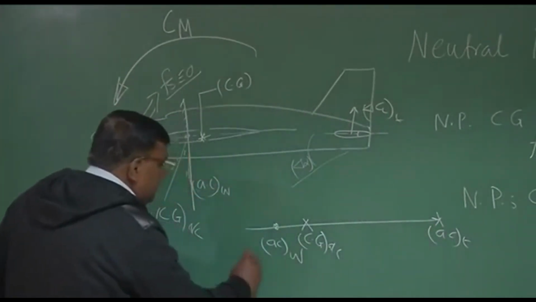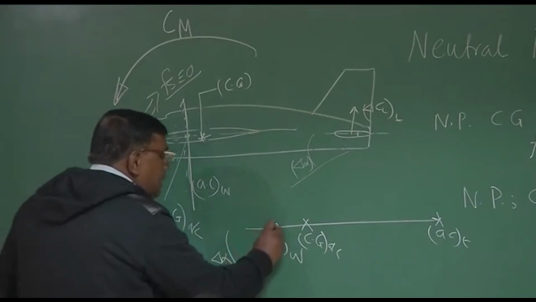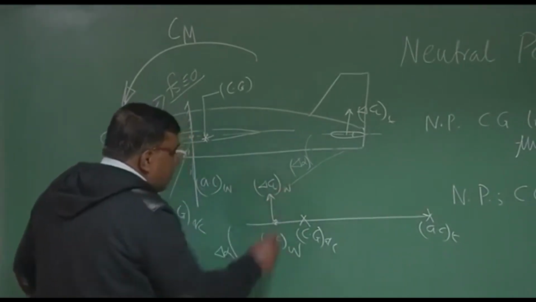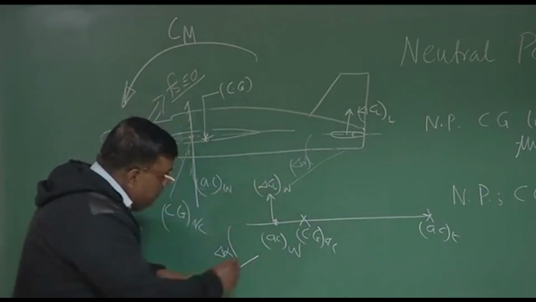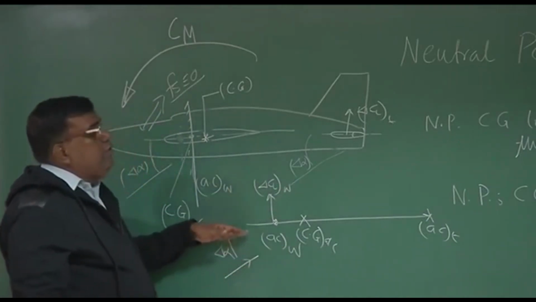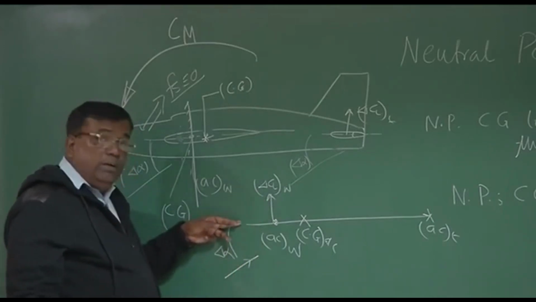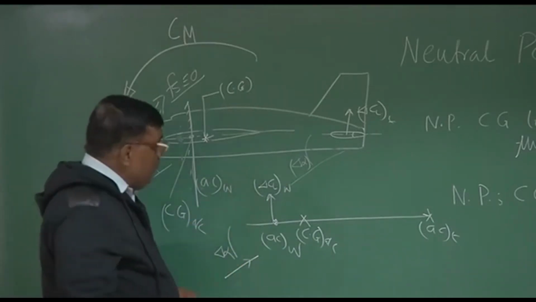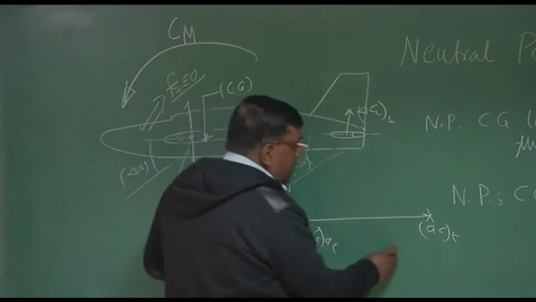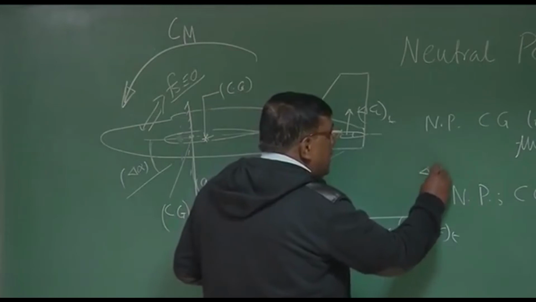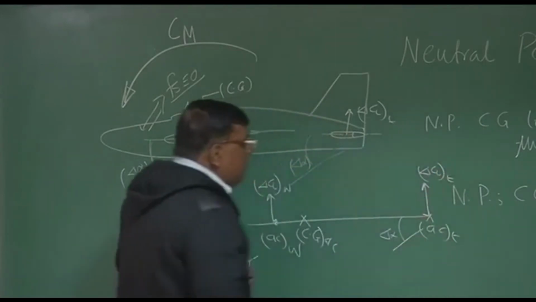So even if there is a disturbance delta alpha, there will be delta CL because of wing. Remember, CL is supposed to be perpendicular to the velocity vector, but for a small angle, I'm just drawing it like this. Ideally, it should be perpendicular to velocity vector, right? The similar delta alpha here also will give a delta CL tail, right?